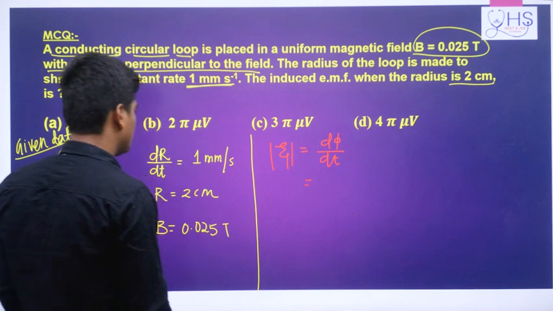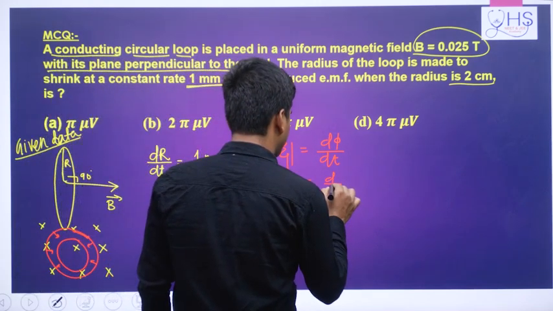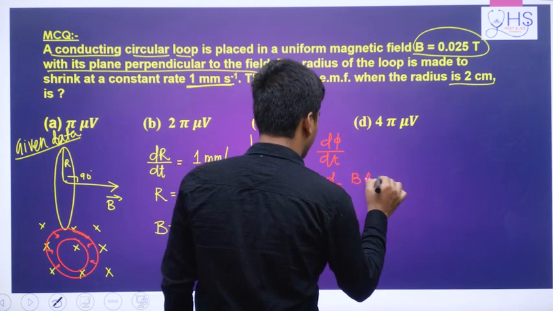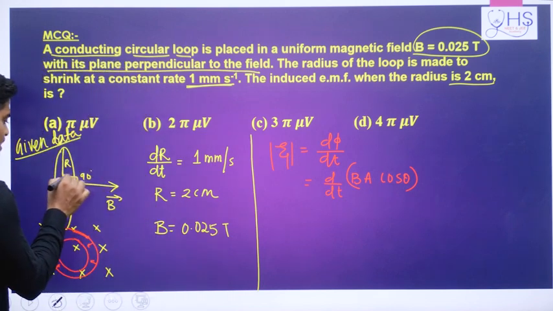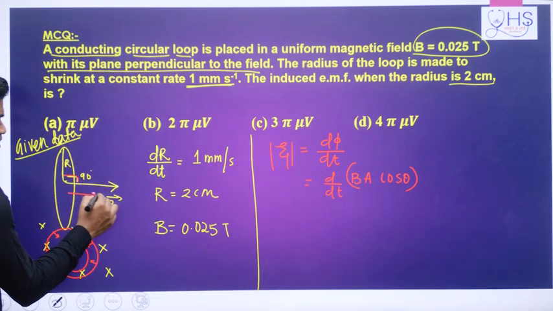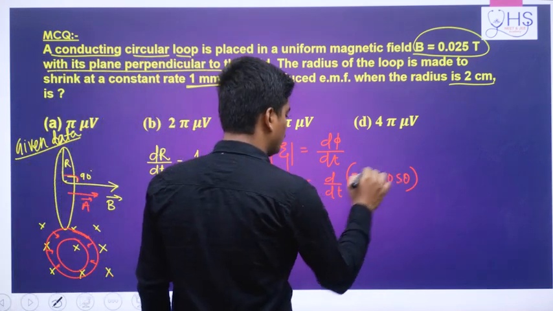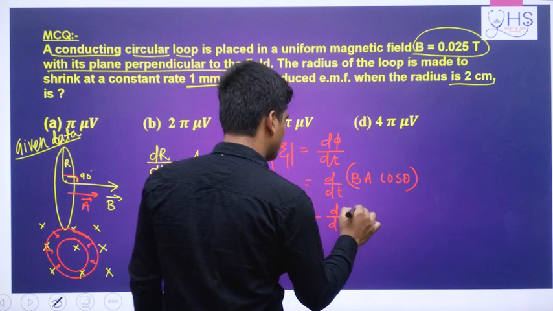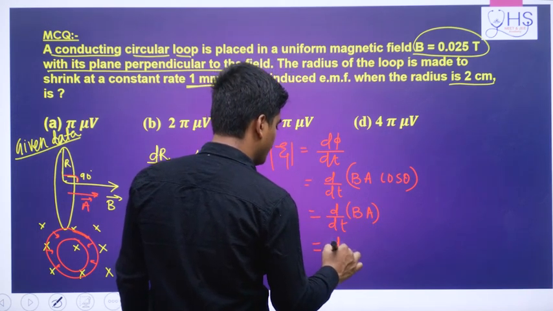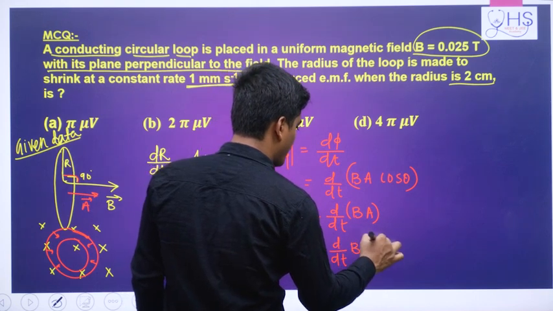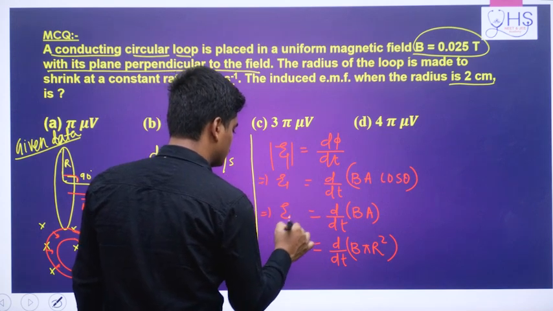Phi is nothing but B A cos theta, and as the plane and B make a 90-degree angle, the area vector will make a 0-degree angle with B. So cos 0 is 1, and d by dt, I will get only BA. Now area is nothing but pi r square.